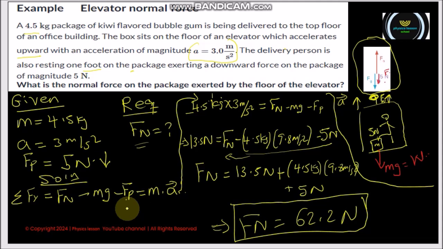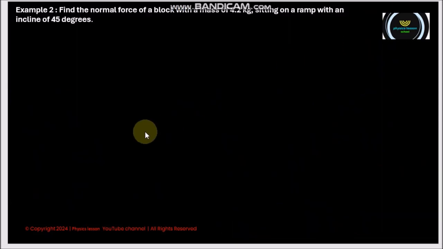Okay, thank you. Now the second example, let's see. Find the normal force of a block with a mass of 4.2 kilograms sitting on a ramp with an incline of 45 degrees. It's something like the object put on an incline like this.